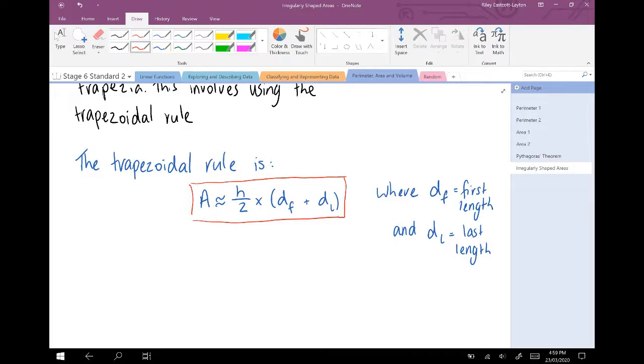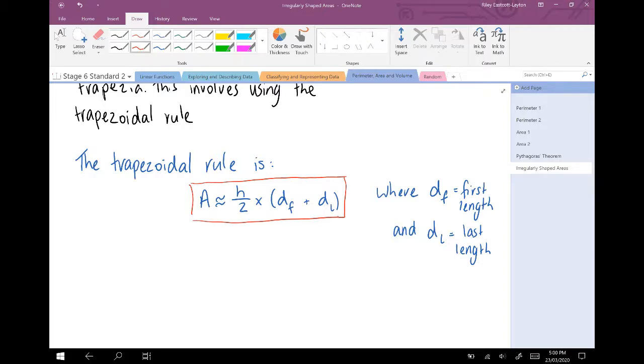And we also had the h at the end, but we're taking it out the front and putting it on top of the 2, which we can do because we're dealing with division and multiplication. So this is the rule that we're going to be dealing with. Area is approximated by, so that's what this funny equal sign means, approximated, by h on 2 times df plus dl, where h is our height, df is the length of the first side, and dl is the length of the last side.